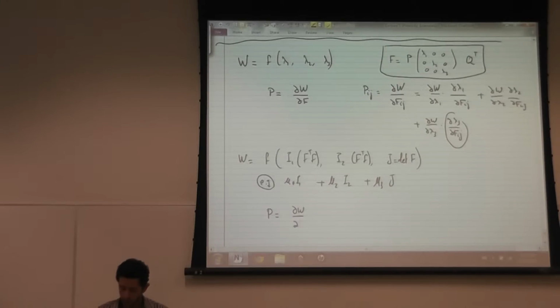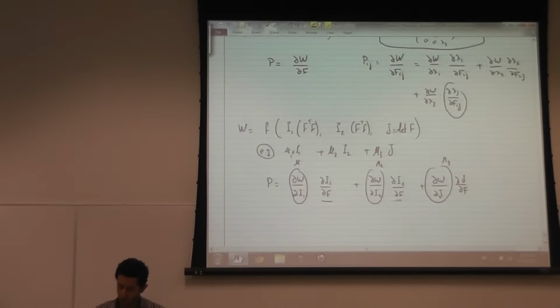So if I look at partial W by partial I1, multiplied by partial I1 by partial F, plus partial W by partial I2, multiplied by partial I2 by partial F, plus partial W by partial J, multiplied by partial J by partial F. These are simple because this will be mu1, this will be mu2, this will be mu3, and what I will be missing is just these partials.